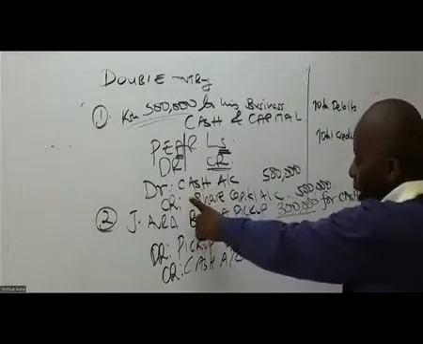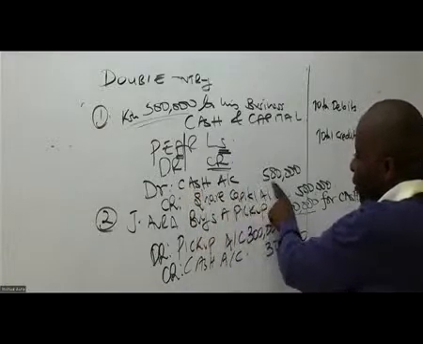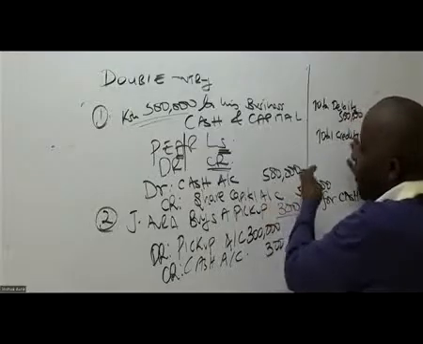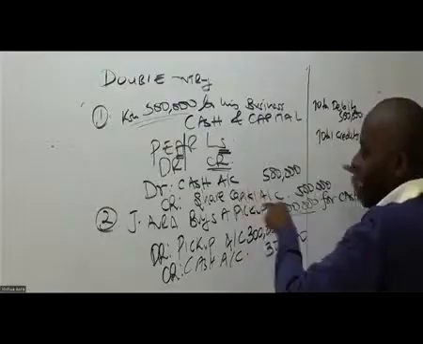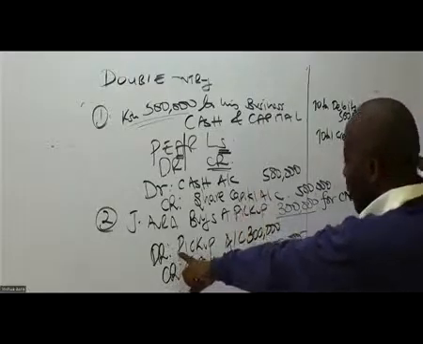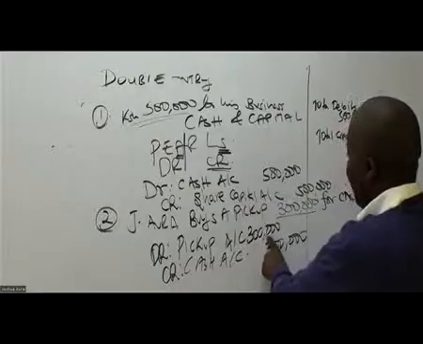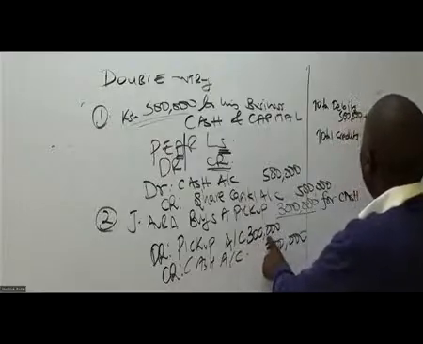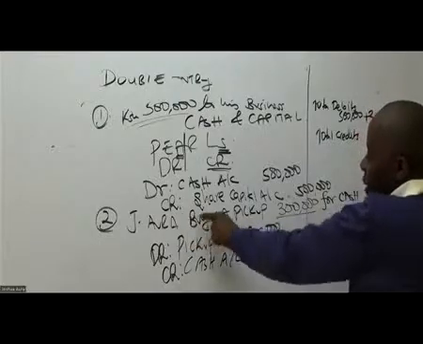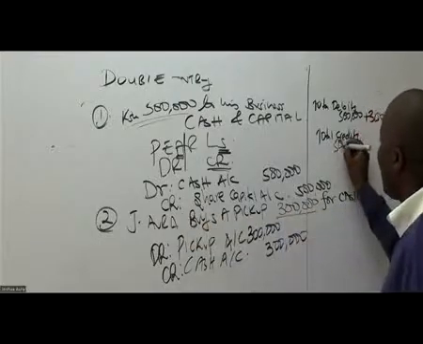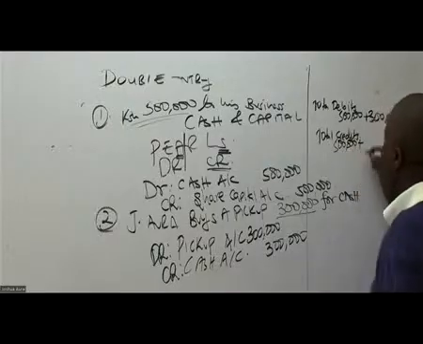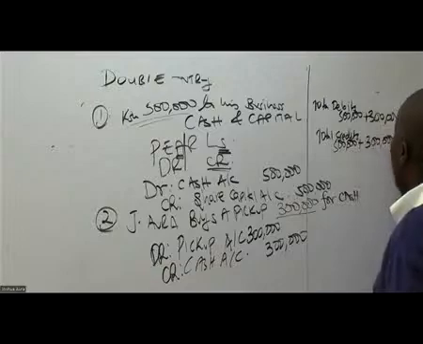I have a debit of cash of 500,000. Of course, I'll be doing my ledgers, getting the balances. But I can see another debit of pickup of 300,000. How about credits? I can see share capital credit of 500,000, and then another credit of 300,000.